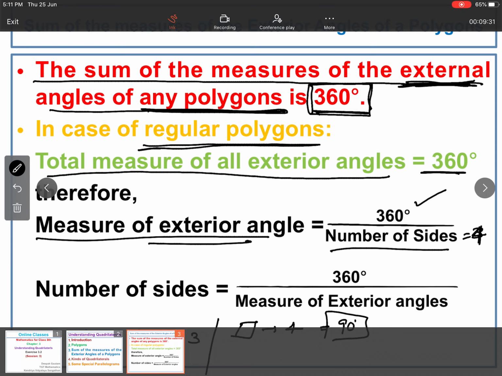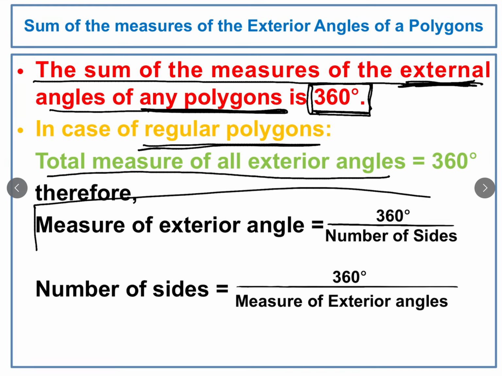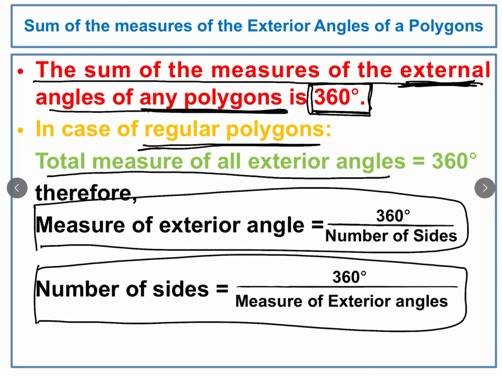Let me erase so you can see it clearly. So these are our 2 formulas. This one is for the measure of the exterior angle and this one is for the number of sides. In both cases, we divide 360 degrees to find the number of sides or the measure of the exterior angle. Based on this we have exercise 3.2.